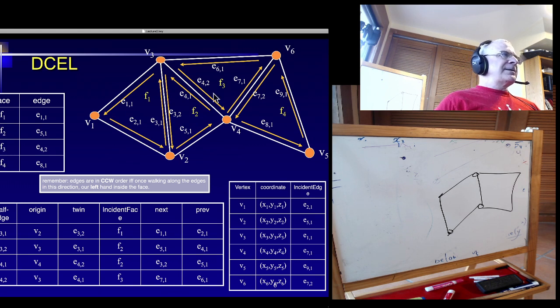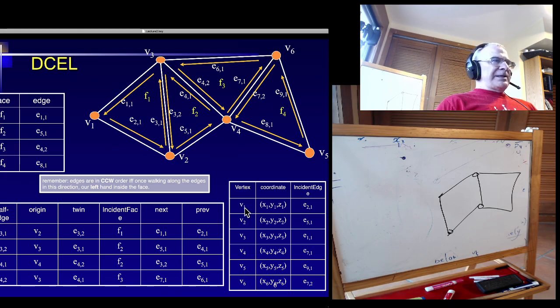In this case, we didn't refer to the external face for simplicity. Here is an array of all the half edges. One is called E31, one is called E32, and so on and so forth. And here is an array of all the vertices, V1, dot, dot, dot, all the way to V6.